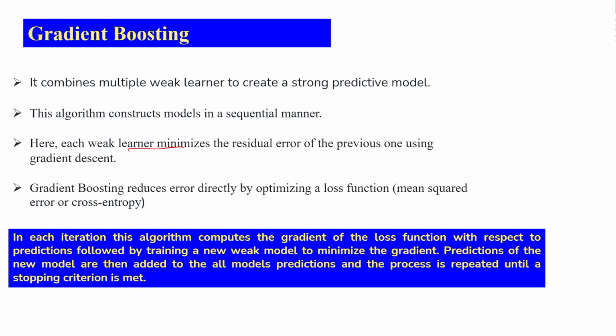So in case of AdaBoost, each subsequent model is trying to correct the error committed by the preceding base weak learner, right. Here we are not doing that. Here we are computing the gradient of the loss function. Loss function can be simply mean square error or any other, cross entropy or MAE, okay, many other loss functions exist.